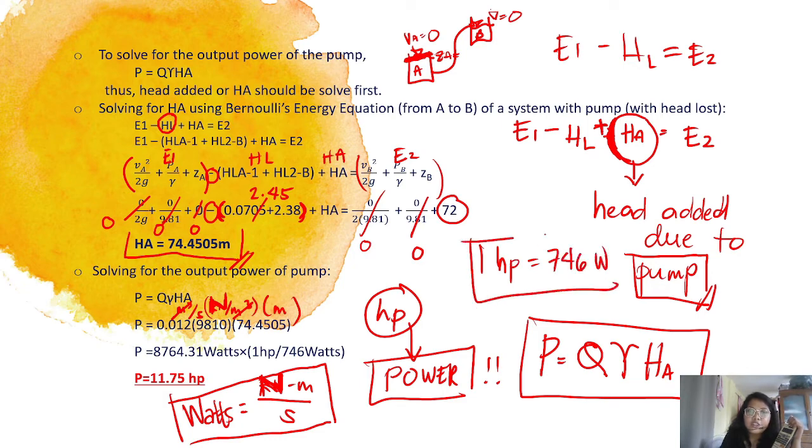Conversion of units man na lang yan. And then, you will get that divided by 746. 11 na lang. So, 11.75 horsepower. Okay? So, yan yun.